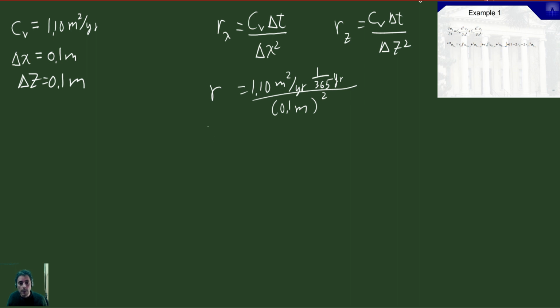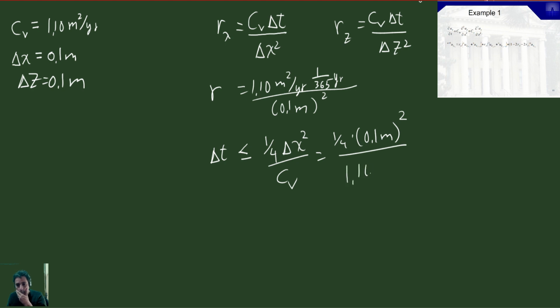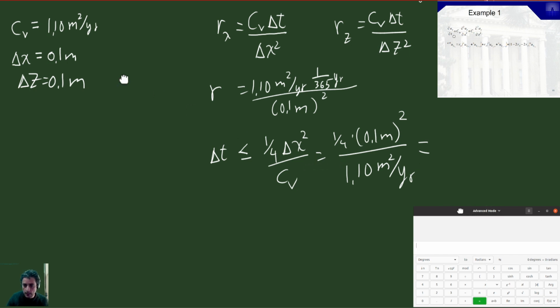So if I want R to be 1/4, my delta t must be equal or smaller to 1/4 times delta x squared divided by CV, or 1/4 times 0.1 meter squared divided by 1.10 meter squared per year, which will give me, in terms of years, 1/4 times 0.1 squared divided by 1.10.